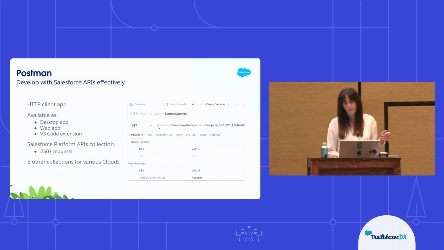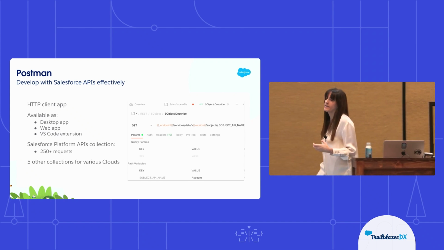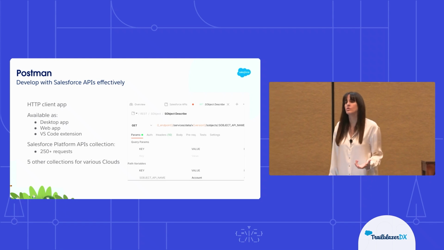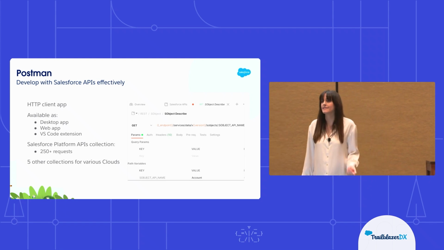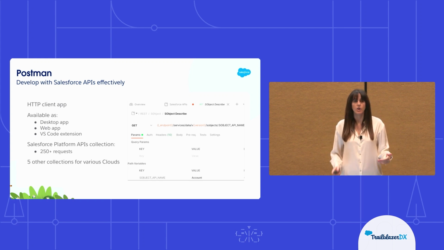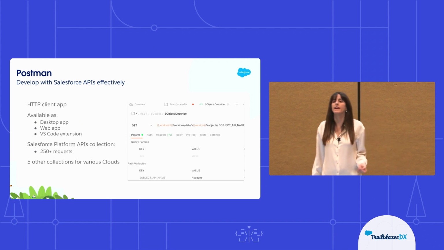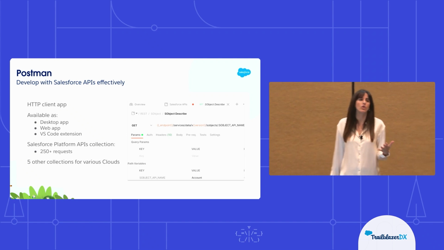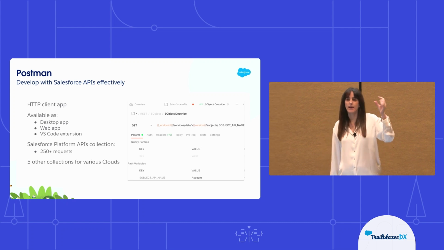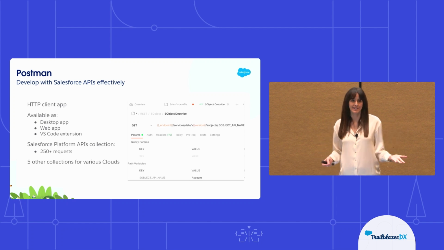Yeah, and I don't want to finish my presentation without talking about a tool that many developers are using to test their HTTP requests towards Salesforce APIs, which is Postman. We don't own Postman, but we have created 6 different collections of API calls that you can fork and use to build your integration faster.